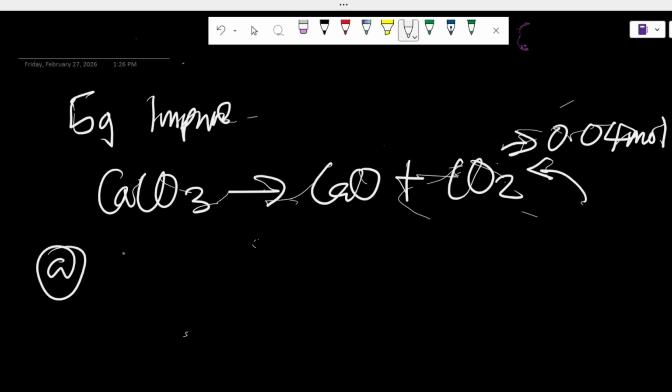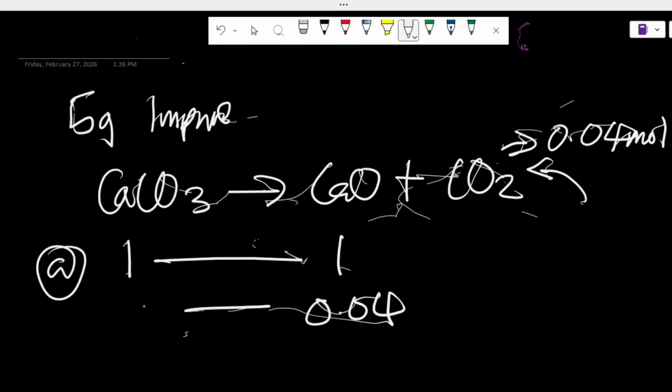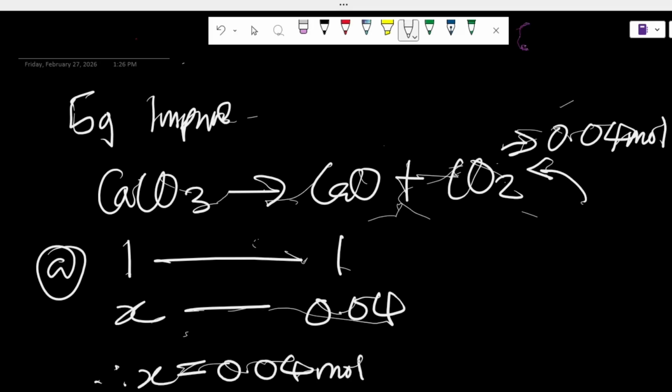So you have 1 calcium carbonate being decomposed, and the mole ratio of carbon dioxide here is 1. So for carbon dioxide 0.04, you're still going to get the same number of moles, which is 0.04 moles of calcium carbonate. So that is how you calculate the number of moles.